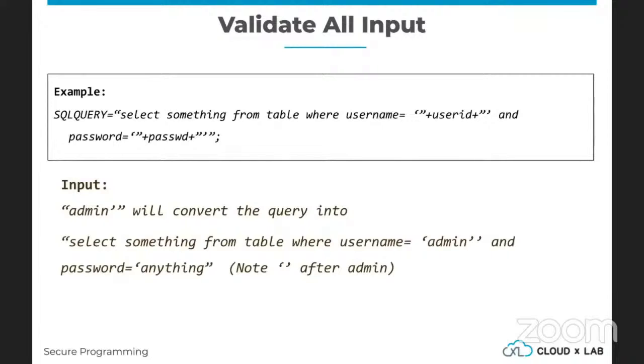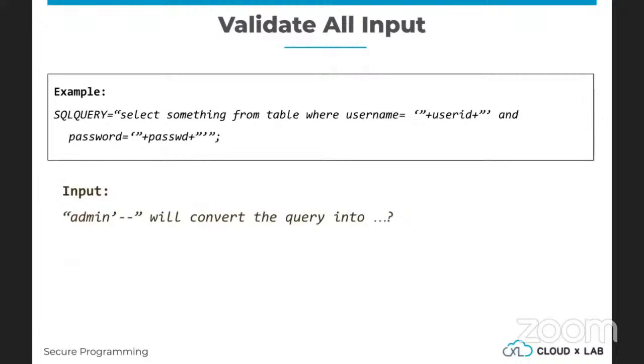This bug is called SQL injection because the user will be able to get into the SQL and modify it, right? So how? What if the user enters admin, single quote, and then dash dash? Dash dash means the comment. So what will happen in this case?